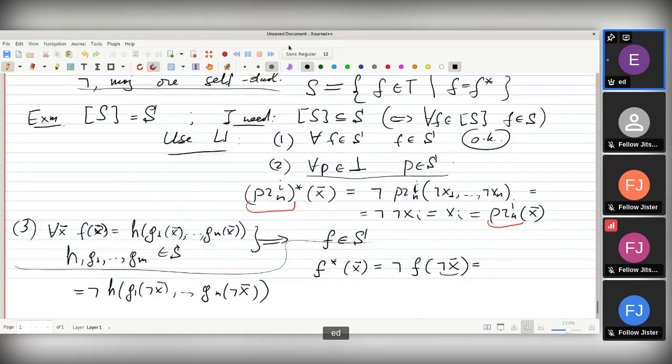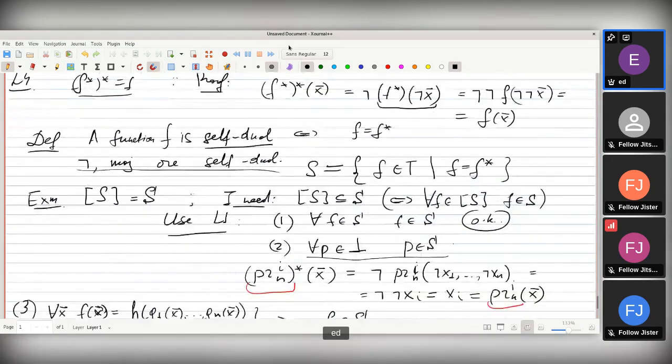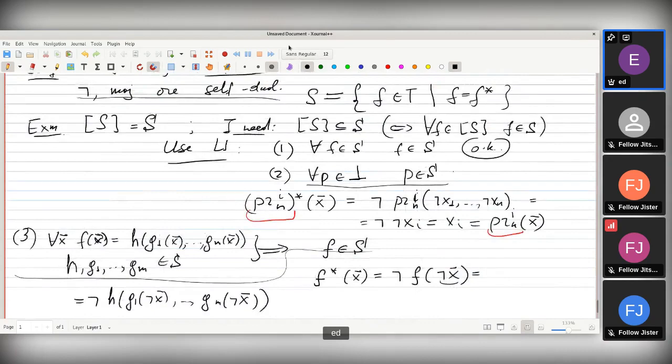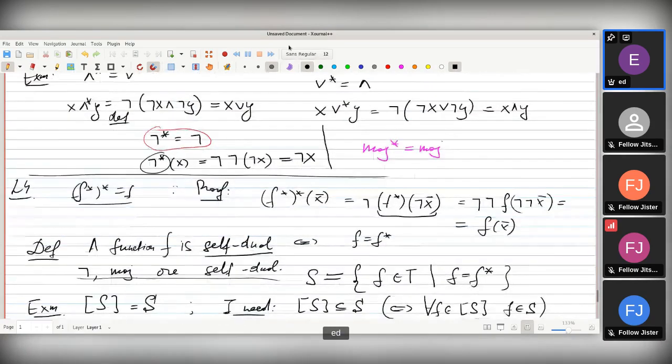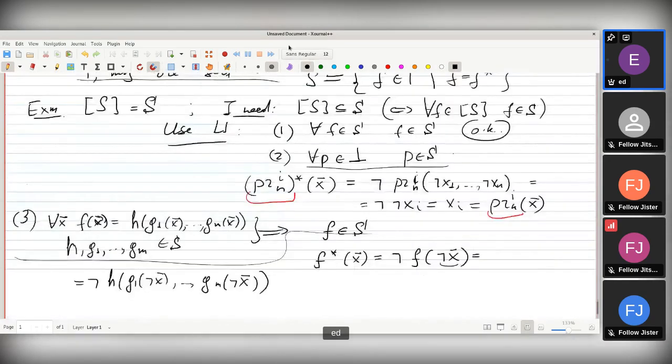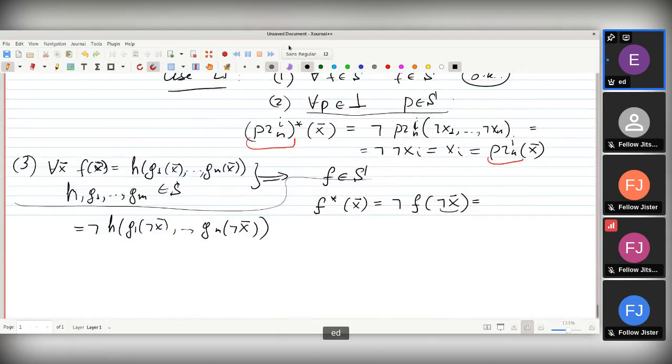But look, h equals its dual and g equals its dual. So let us replace h with its dual here, and the g's. They are self-dual, so I can replace these functions with their duals.